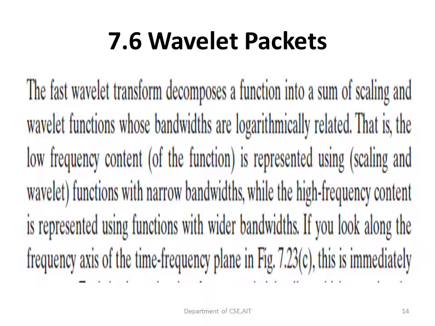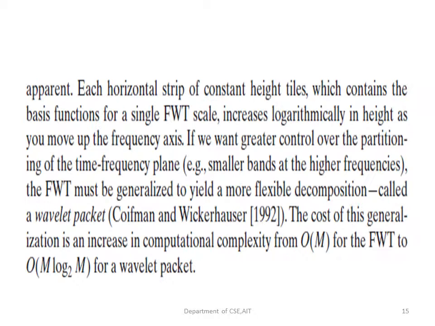So if you look along the frequency axis of the time frequency plane, that is in the figure C, it is very obvious. Each horizontal strip of constant height tiles contains the basis functions for a single fast wavelet transform scale, and it increases logarithmically in height as you move up the frequency axis.